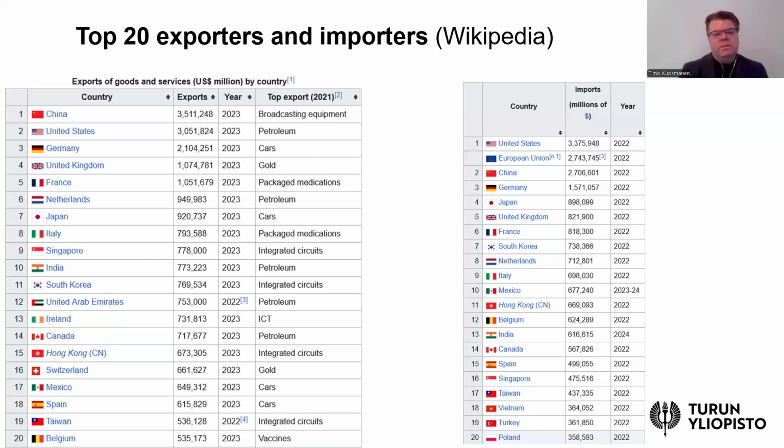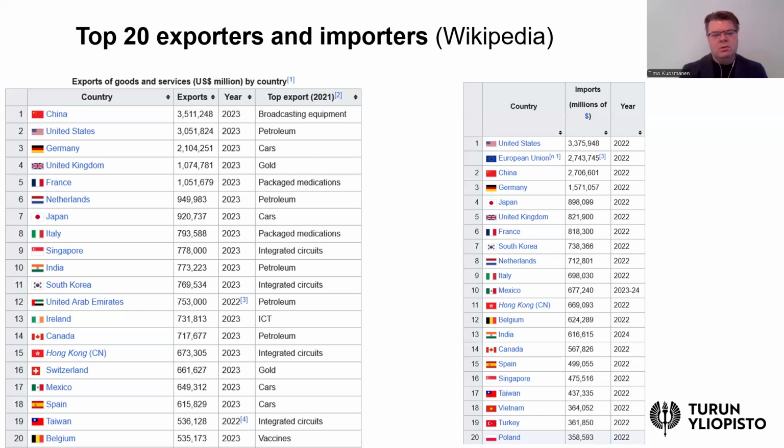Notice that if you take just Germany and the United Kingdom and add them together, then exports of Germany and the UK are together larger than exports of the United States. So if you take these European nations or the European Union member states together, then the exports are very large. Of course, we also need to take into account that much of the exports from Germany are to other EU member states and other European countries.